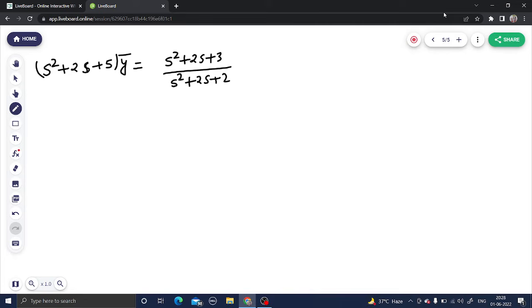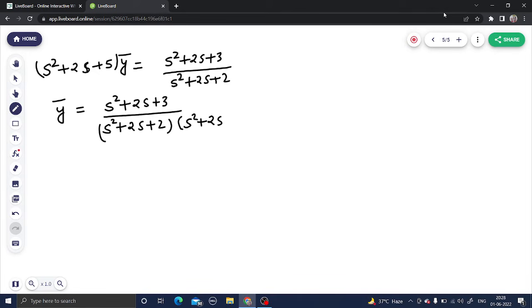Fine. Now what we can do is get rid of this term from LHS, and this will give you s square plus 2s plus 3 divided by s square plus 2s plus 2, and you are getting an extra s square plus 2s plus 5. So this you are getting as y bar. Now carefully think how to resolve this partial fraction.